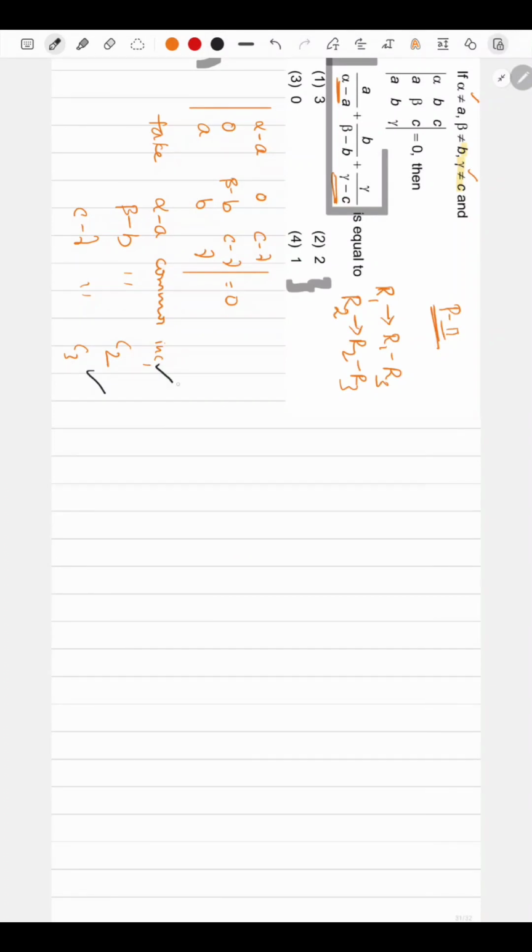Alpha minus A common in column number 1, then we get 1 0 A by alpha minus A. Next beta minus B common in column 2, then we get 0 1 B by beta minus B. Next C minus gamma in column 3. Remaining thing is 1 1 gamma by C minus gamma, which is equals to 0.